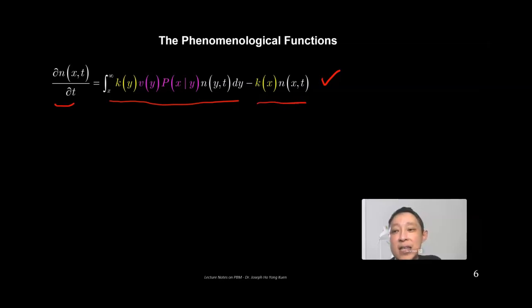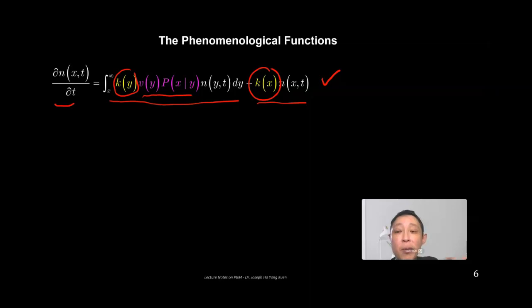So we can see that the accumulation term is a result of the birth and the death terms. And in the population balance equation, the terms highlighted in yellow are the rate kernel or the breakage frequency, and these are the terms that are related to how the particle breaks.